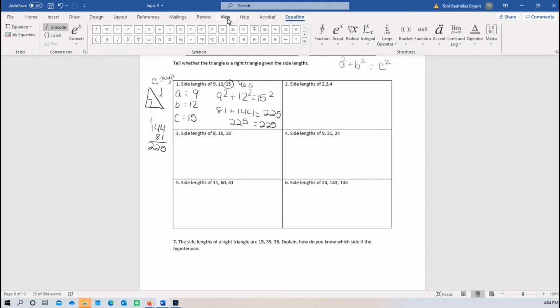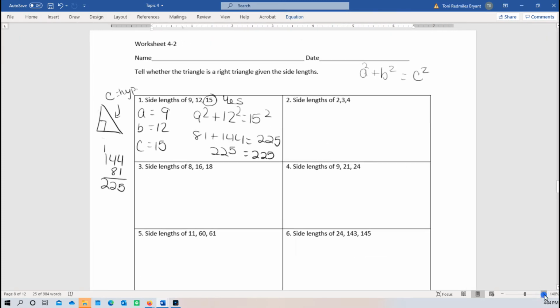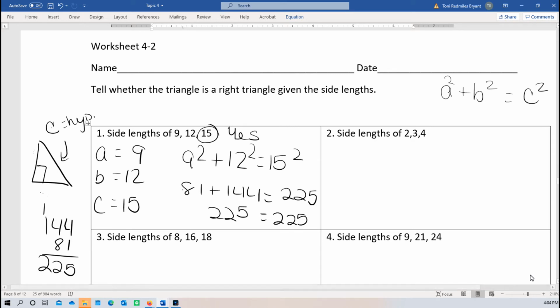I'm going to change the view on this and make it slightly bigger, that way I have more room to write. Again, identify your longest side. That's going to be your C. Let's put that into our equation.